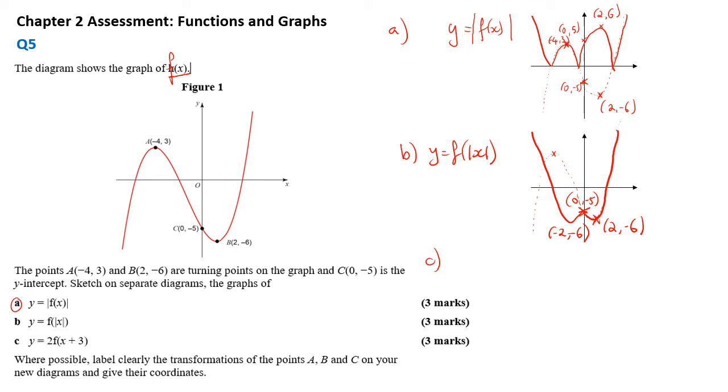Okay, part C, I would do it in 2 parts. So first of all, I would be looking at f of x plus 3 and recognise that this is a translation to the left by 3 units. So where I'm basically just going to subtract 3 from each of my x coordinates. Let's shift it this way. So the point minus 4, 3 becomes minus 7, 3.